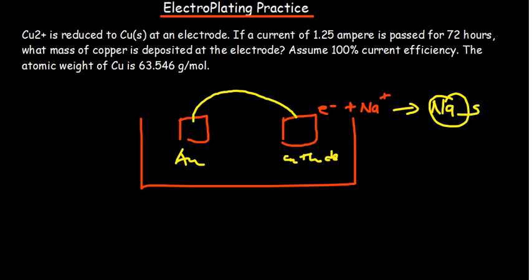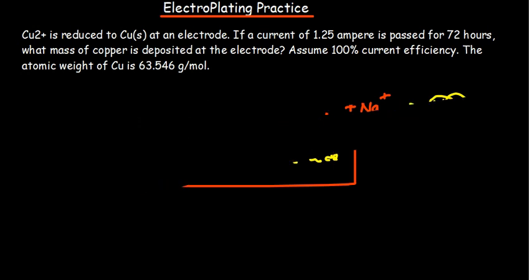Now what we want to understand is how we determine how much of it has been deposited. Of course, we apply Faraday's laws, where time has an effect and the voltage has an effect, so all those things are applied here. We use this information to predict how much mass will be deposited on the cathode.